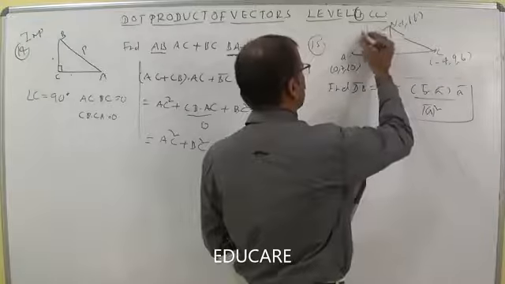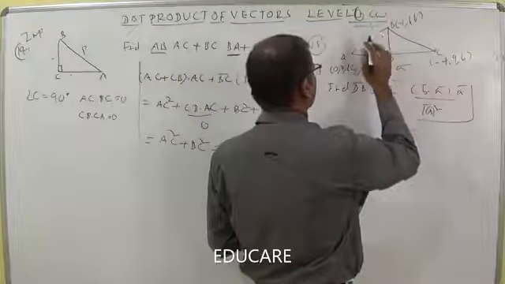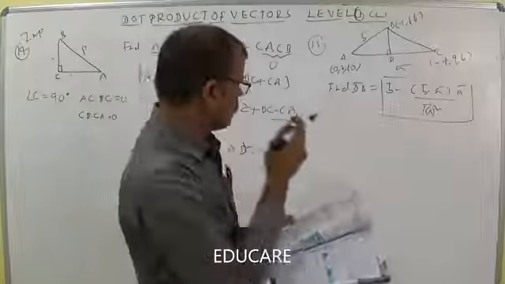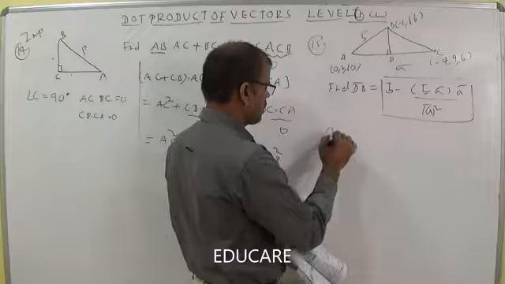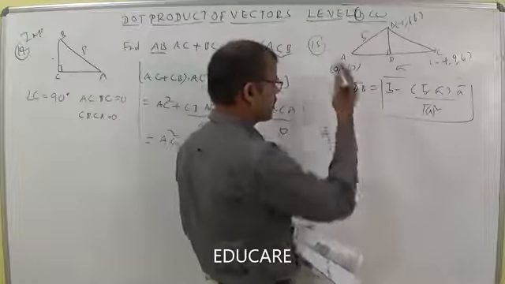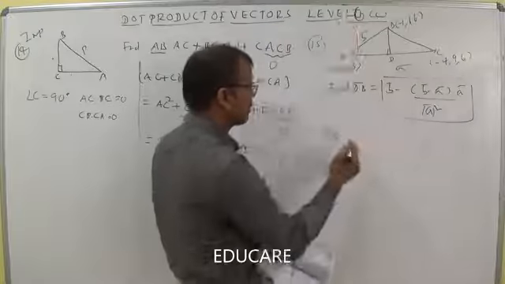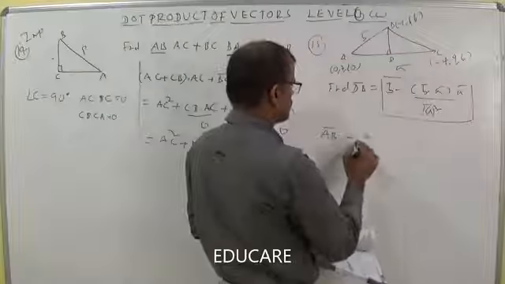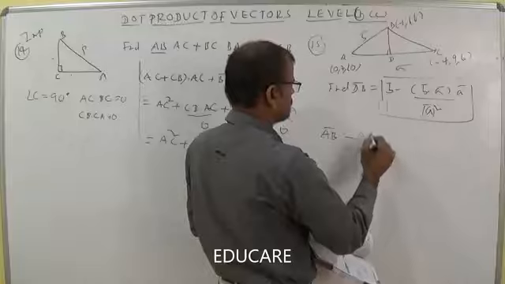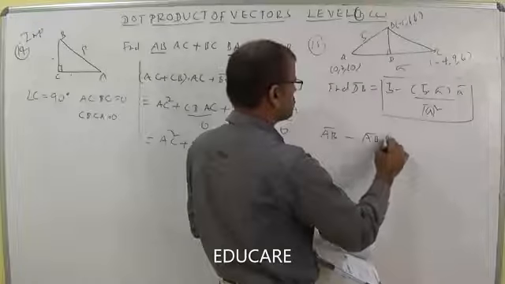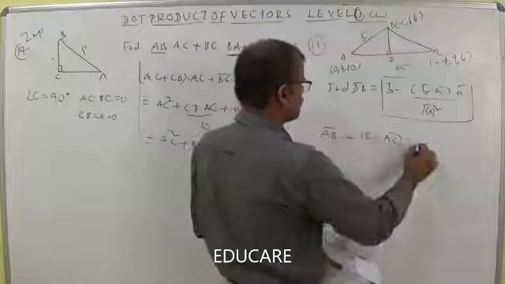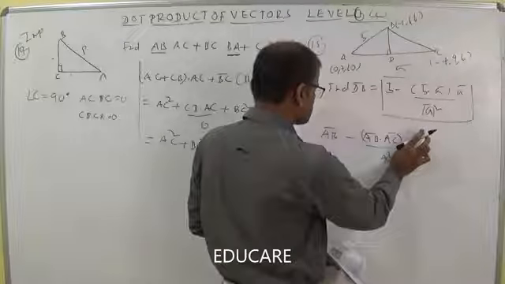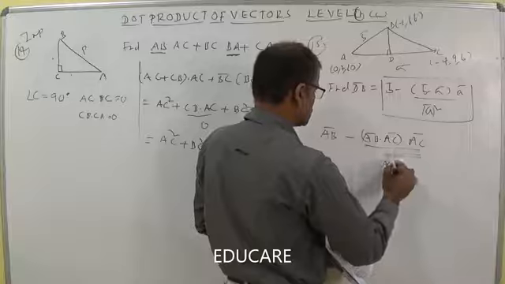So if it is B bar and if it is A bar, you can understand this one as B bar vector minus the orthogonal projection in the direction perpendicular to AC concept. Then using this formula you can write AB bar minus AB bar dot AC bar into AC bar by modulus of AC bar square.